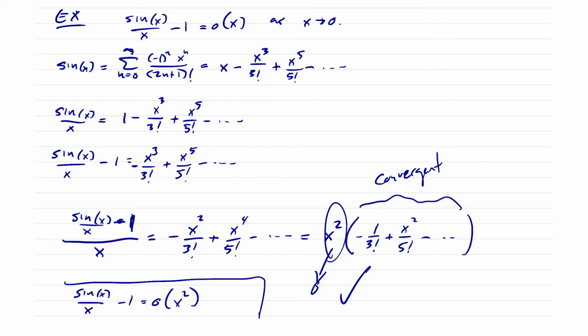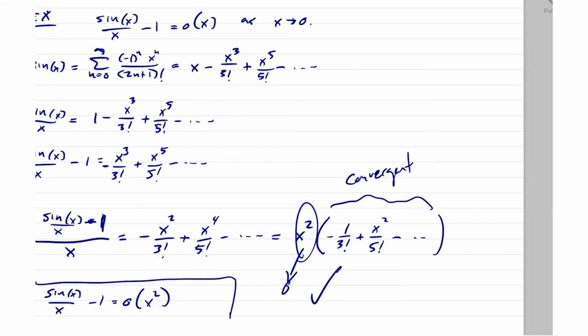All right, and so that's not too bad. A lot of times when you get this sort of little o notation, this is going to be coming from a Taylor series. And in fact, the definition of a derivative can be defined this way.